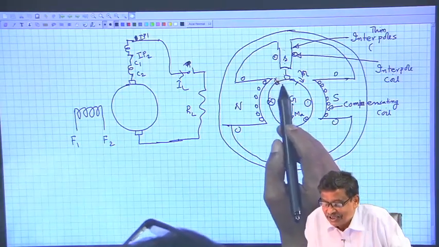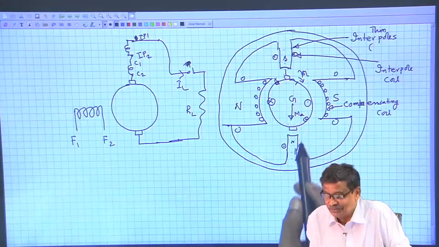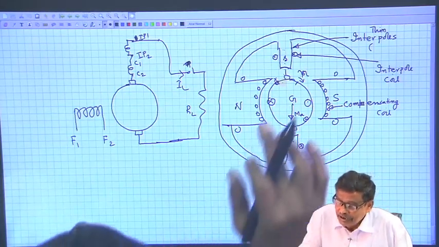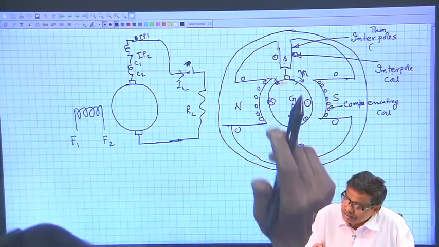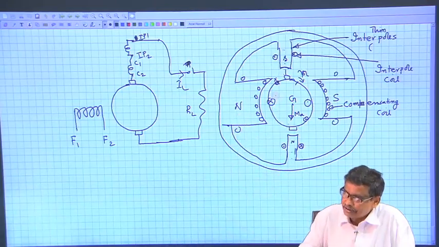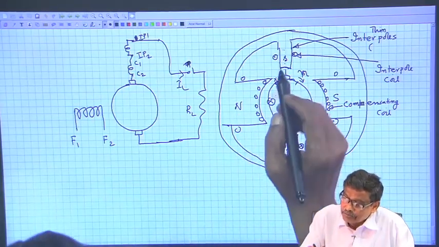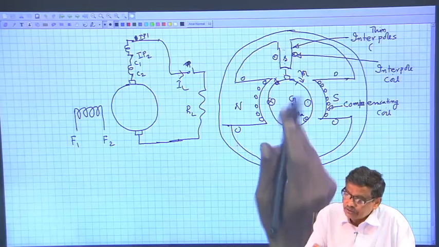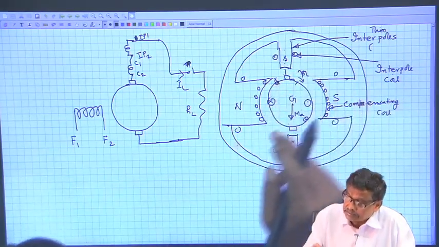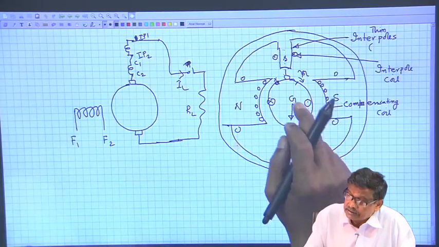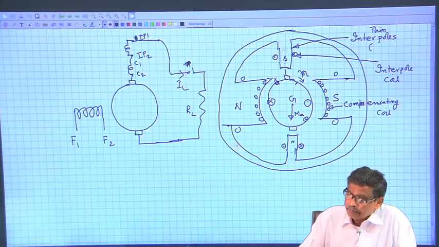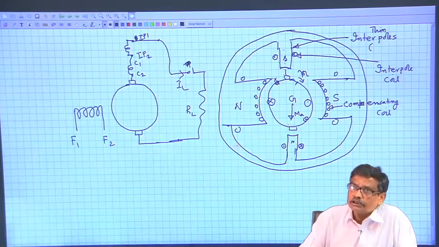Now, when it comes here in this zone, there will be induced voltage because of the armature reaction north pole that we have studied, and also because of the south pole. I can choose the strength of this south pole so as to nullify that armature north pole here, opposite poles I have brought in, and induced voltage will be 0.